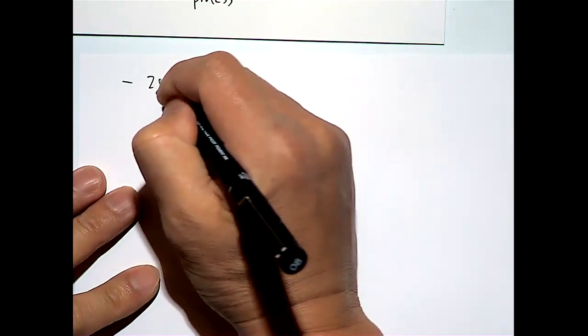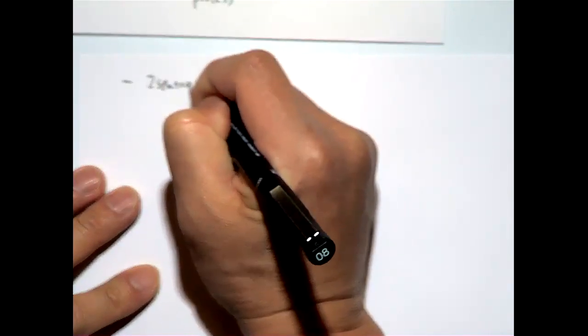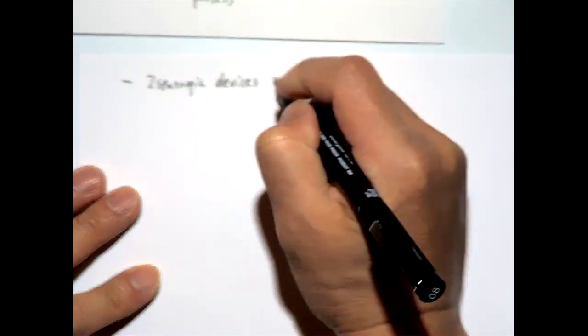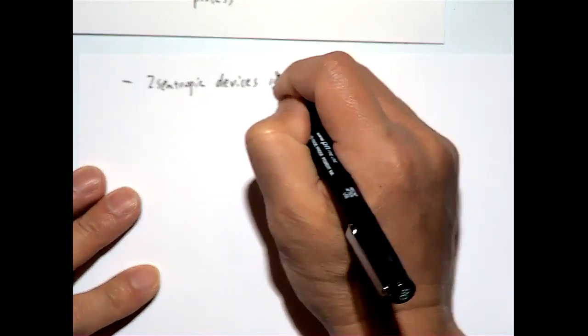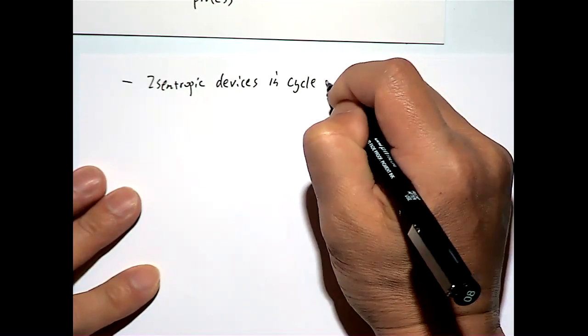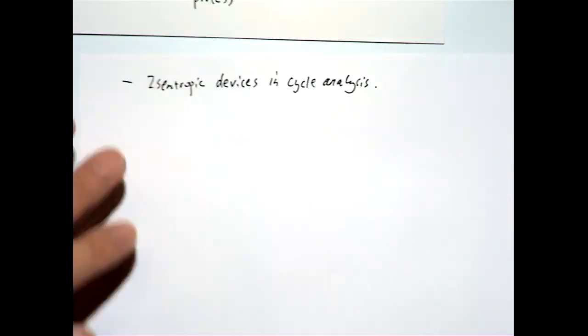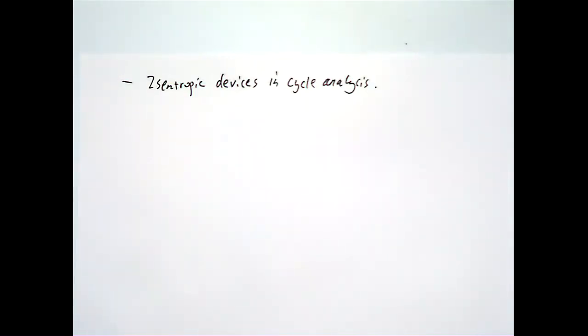So, isentropic devices. Let's consider if the problem says the process is an ideal process, and that ideal process is an isentropic process.